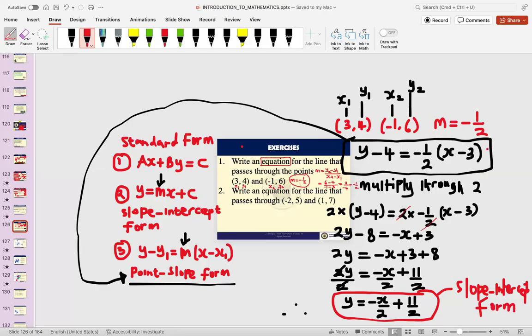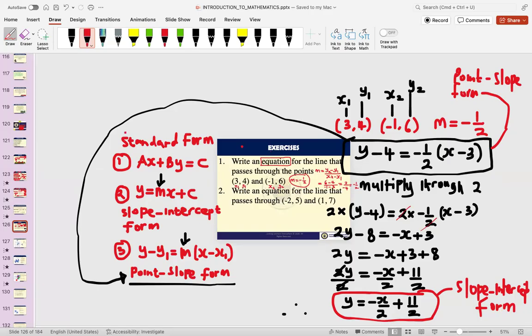It was in this form, point slope form. And we have changed it to slope intercept form.